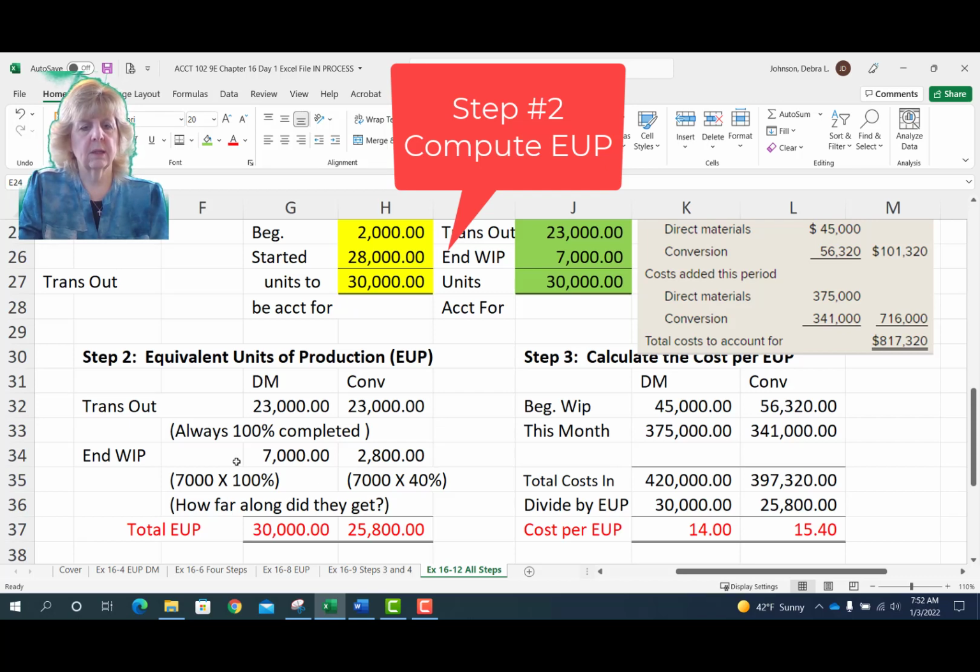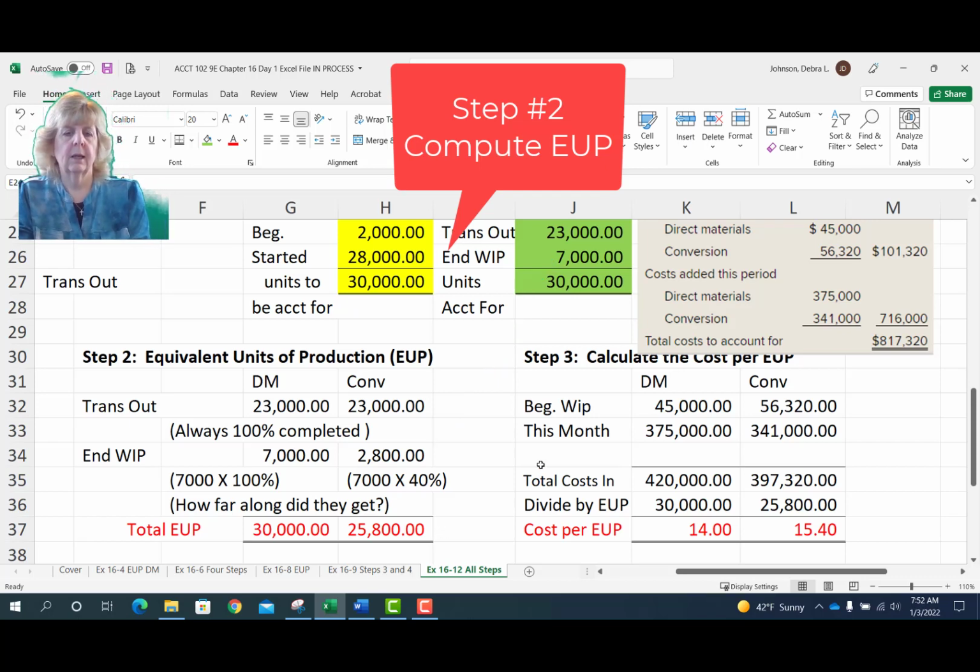The author told us that the materials were 100% completed, but he told us that the conversion costs were only 40% complete. So we took the 7,000 units here in the ending WIP layer and we multiplied by 100% and then 40% respectively, and we would have added those two up.